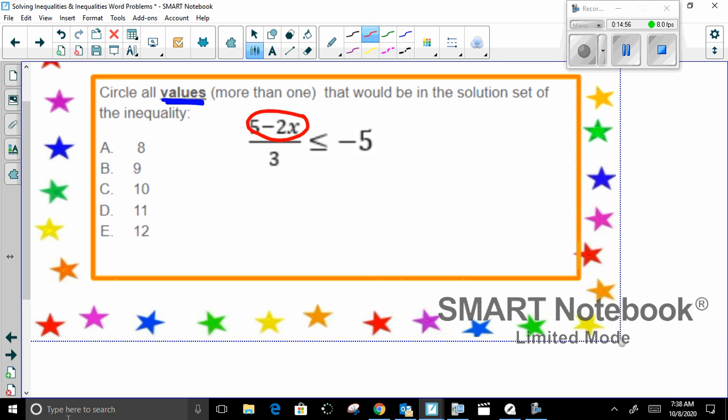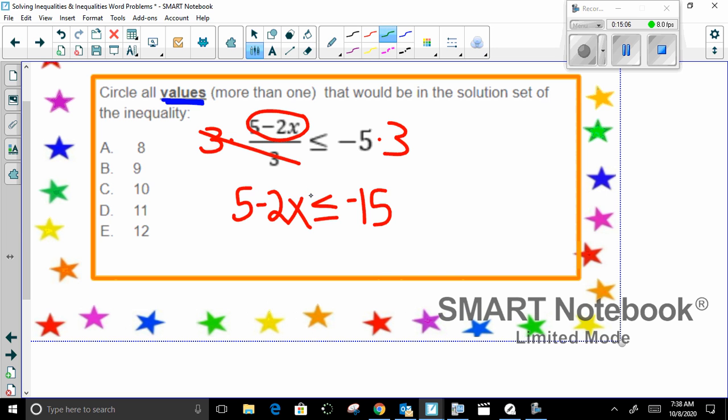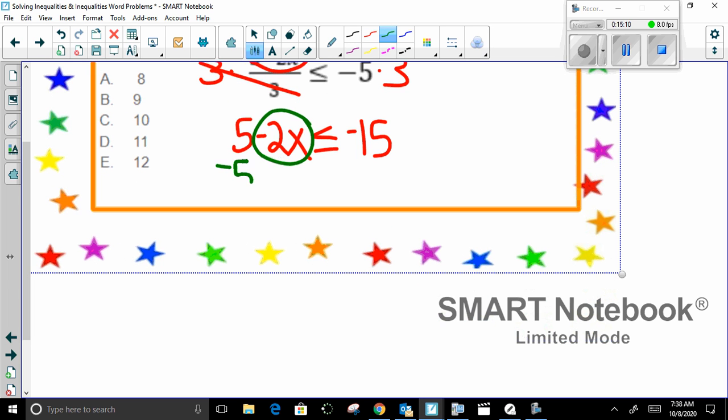The opposite is multiplication. So multiply both sides by 3. They cancel there, and I'm left with the numerator. I cannot touch negative 2x until I get rid of that positive 5, so the opposite is minus 5. So I got negative 2x is less than or equal to negative 20.